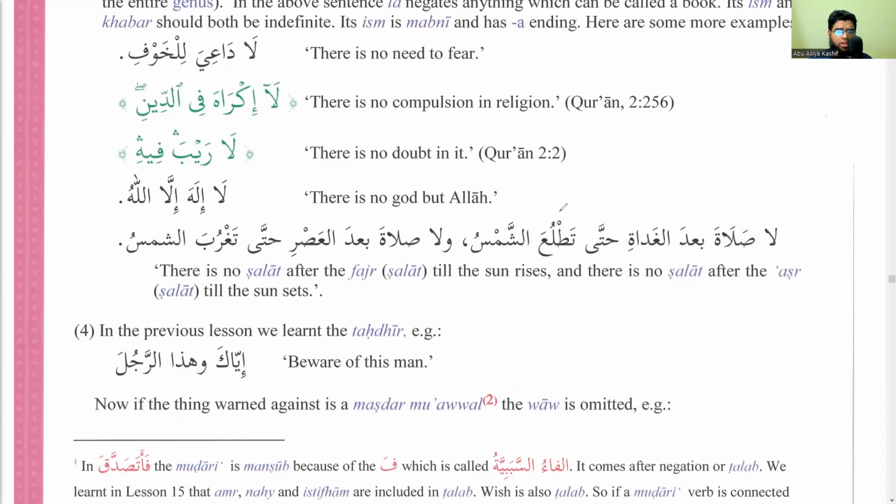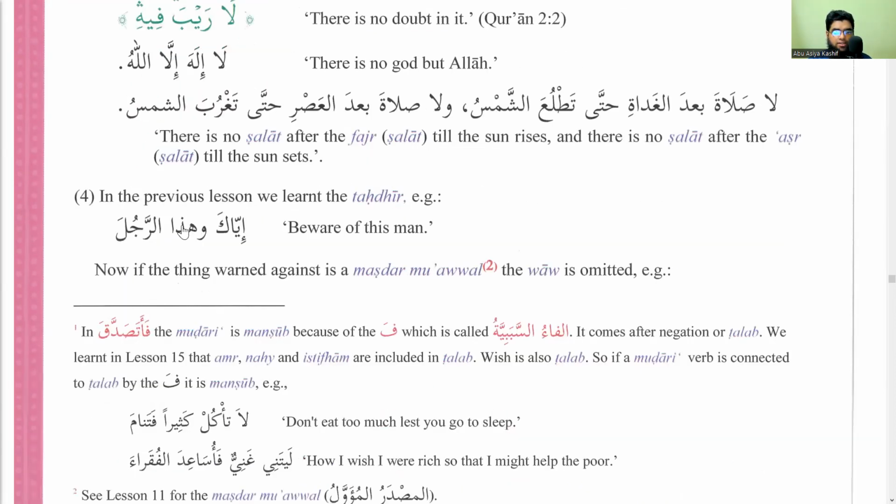Hatta makes the following verb mansub because there's a hidden an, an mudmara, hidden an. Wala salata ba'dal asri hatta taghrubash shams. So after Fajr, don't pray anything. After Asr, don't pray anything until the sun rises or sets.